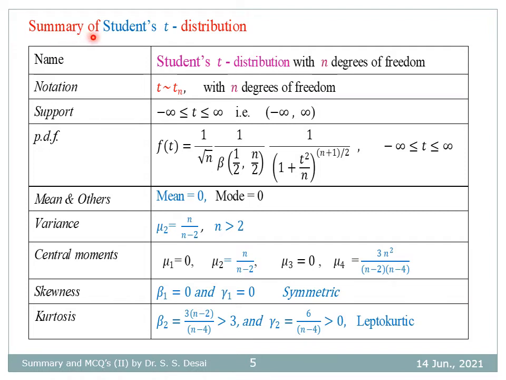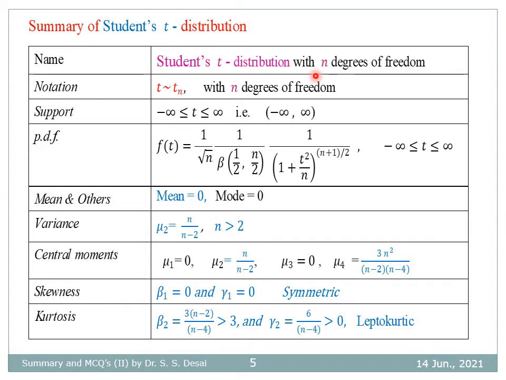So this is the summary of T distribution. The T distribution was defined by W.S. Gossett when he was a student. So it is also called student's T distribution.